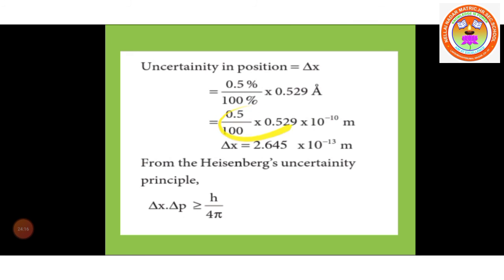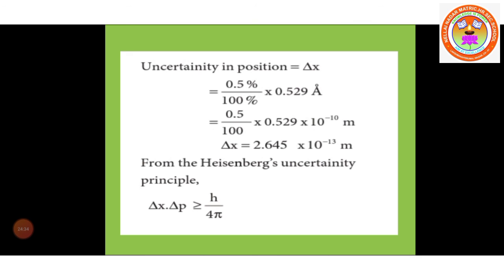Then we simplify: 0.5 divided by 100 multiplied by 0.529 into 10 to the power of minus 10. So we get delta x equal to 2.645 into 10 to the power of minus 13 meter.